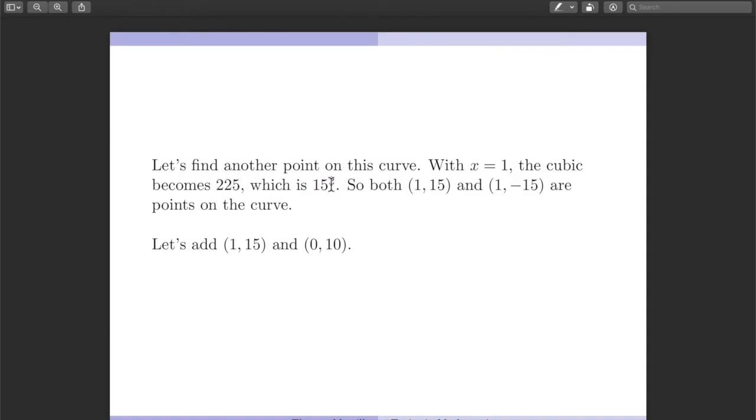And all of these are small enough compared to my modulus, 420,000 and change, so I don't need to worry about what the wraparound will do. I can just say that 1, 15 is an xy pair. These coordinates satisfy the elliptic curve equation. So this defines one point on the elliptic curve. And then 1, minus 15 will give me another point on the curve.